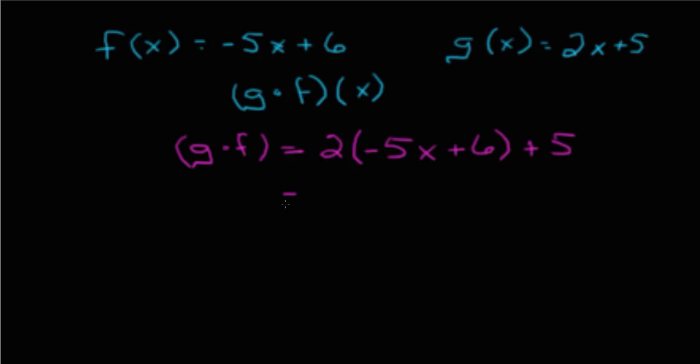And then we can go ahead and simplify that. So 2 times a negative 5 is a negative 10x. 2 times 6 is a positive 12, and plus 5. So that composition is negative 10x plus 17. And that's all there is to that.